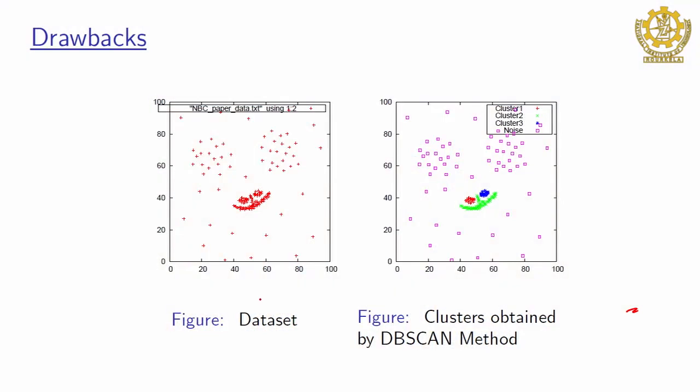Okay, that was the basic assumption, but here we can see a problem. This is the data set on the left side. In this data set you can see some points here, here, and then obviously here, and there will be a point here.